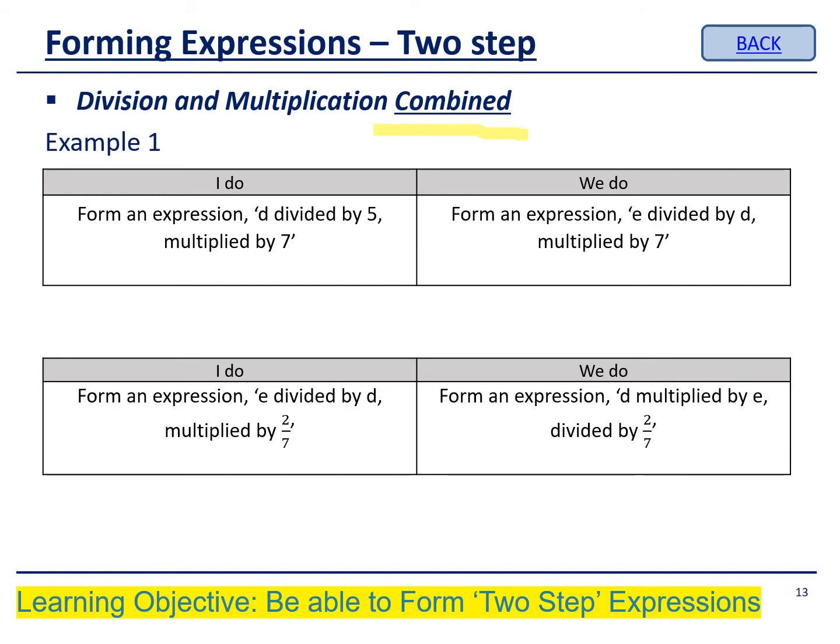Okay, so d is divided, there's that fraction line, by 5. Okay, but it's asking us to multiply by 7.